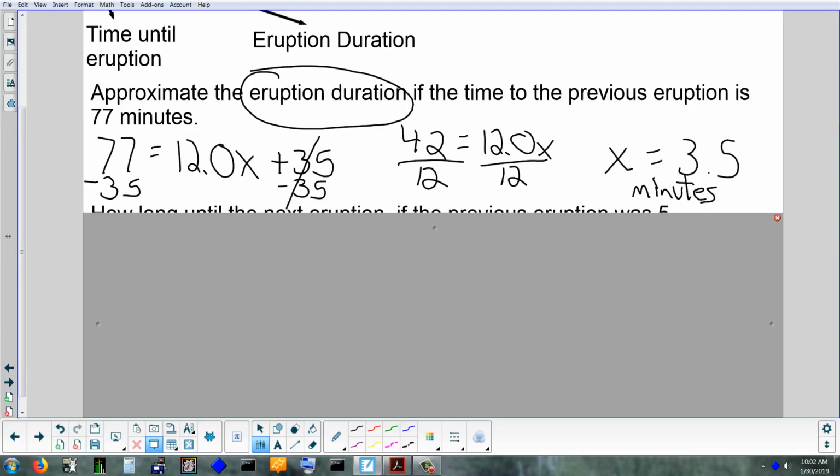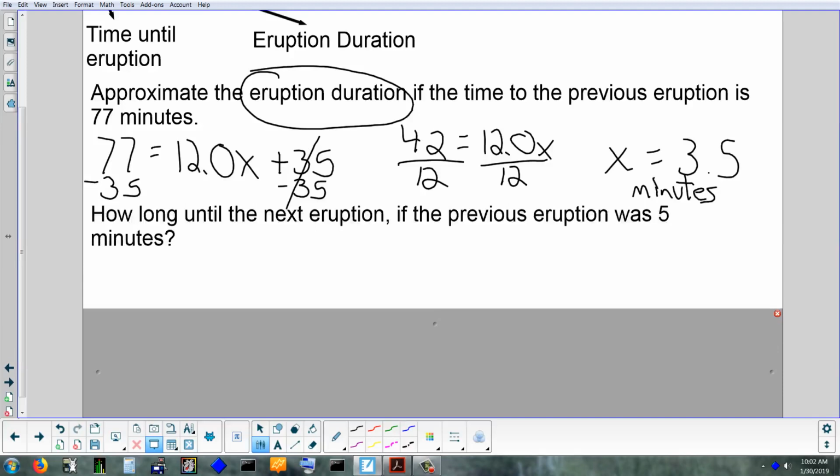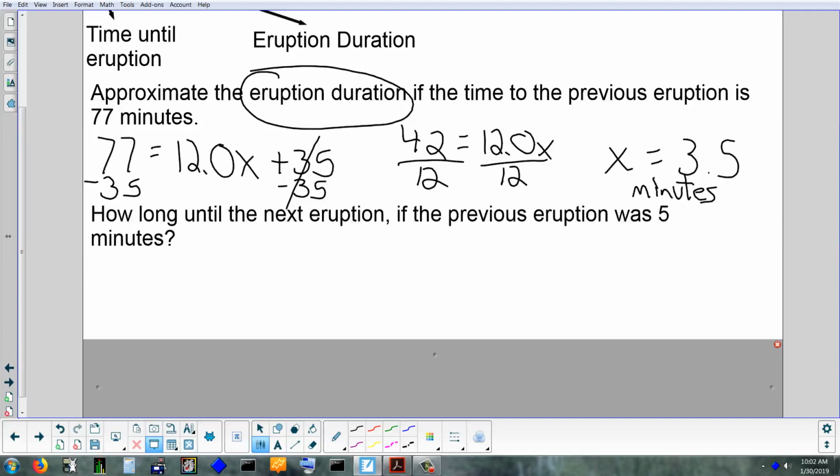Alright? 3.5 minutes. Now, how long until the next eruption if the previous eruption was 5 minutes? So now it's just the opposite. So in this one, I was able to plug in for Y. Mary? Now I'm going to plug in for X, right?